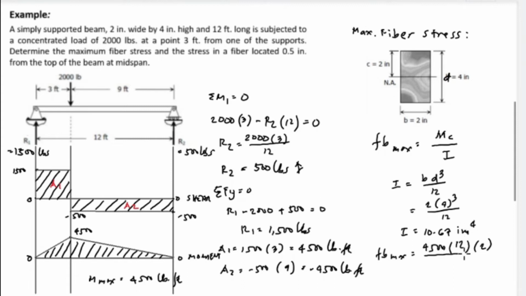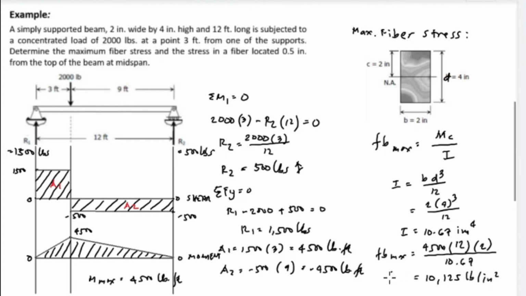We divide by I, which is 10.67, and the maximum value for bending stress is 4,500 times 12 times 2 divided by 10.67. The value is equivalent to 10,125 pounds per inch squared.